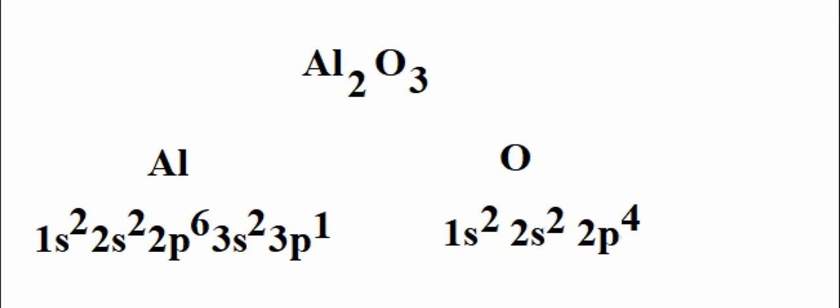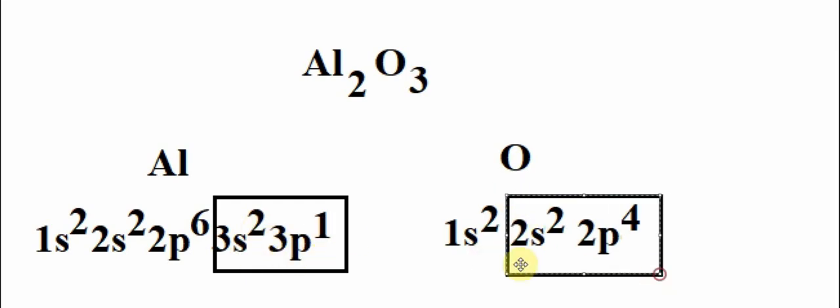First, you must know that they share and receive electrons at the outer layer. In the outer valence layer, we have 3 electrons from the aluminium, 3s2, 3p1.